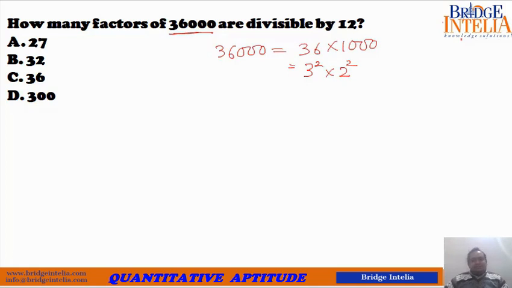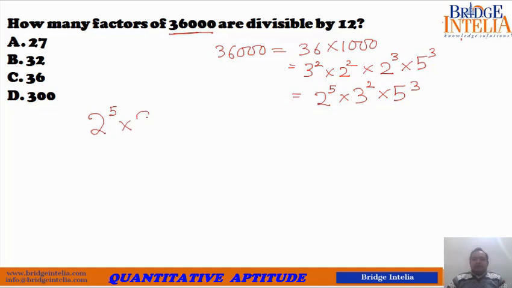Now prime factorize 1000. 1000 is 10 cube, that's why 2 cube into 5 cube, because 10 is equal to 2 into 5. So if you combine the powers, it is 2 to the power 5 into 3 square into 5 cube.